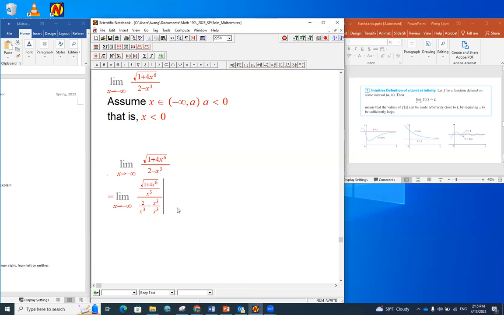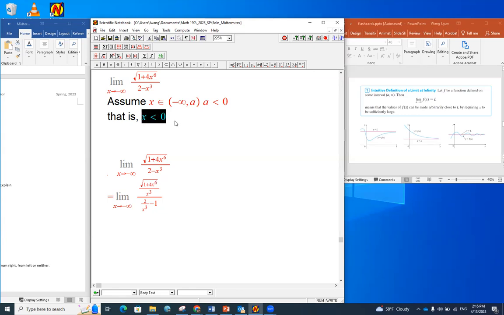We cannot apply any of the properties of limits because those individual limits do not exist. After this division, of course, you can show this as 1 and 2 over x raised to the power 3. So we have a situation like that. We want to bring this x raised to the power 3 inside the square root. But how do we do that?